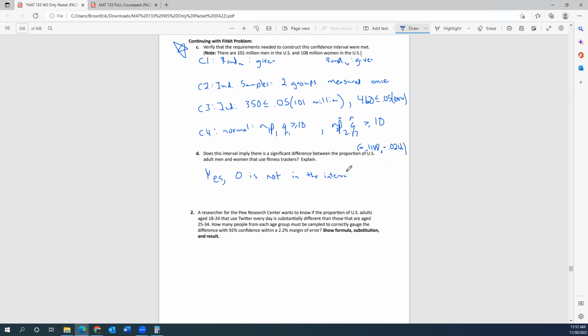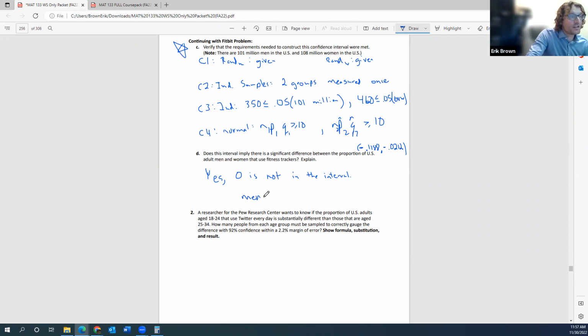Yes, because everything's always opposite in math. Well, remember the reasoning here. If there was no difference between men and women usage, then when we subtracted their numbers, we would get 0. So it doesn't actually matter that our two numbers are negative. What matters is the 0.